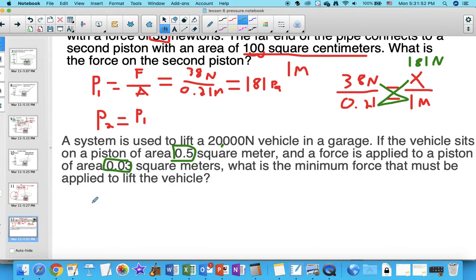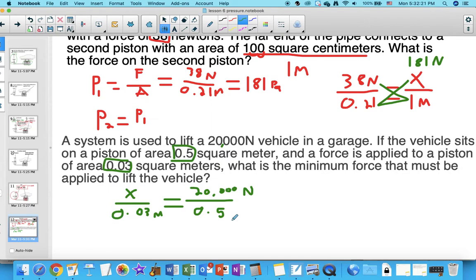We're looking for the force applied to 0.03 square meters, which must equal the pressure on the other side: we know the force, which is 20,000 newtons over 0.5. If you divide by 0.5, that's 40,000.